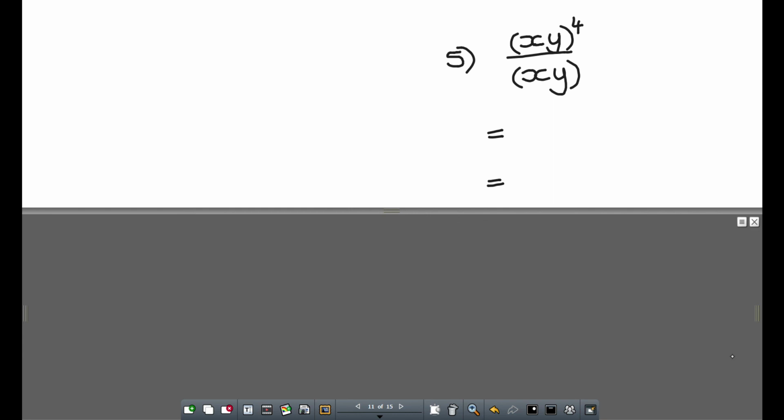What is my base here? XY. Okay, the full XY. Now, at the bottom, I've got no exponent, but we just said that's actually to the power of 1. Now, people, we just said that when base is the same and we divide, base will stay the same.